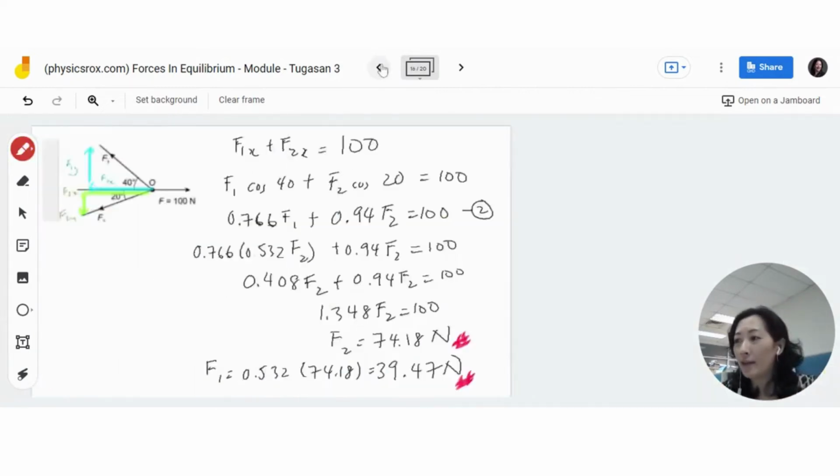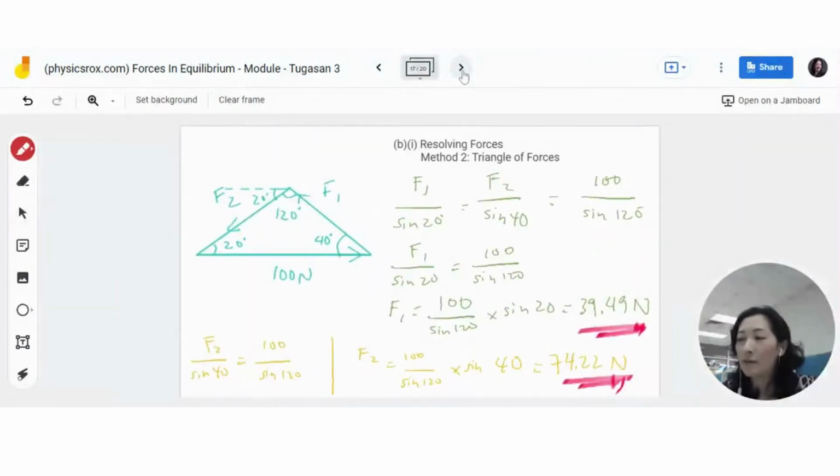So if you observe the methods here, remember the values won't be exactly the same because we rounded up the values of sine, but they're almost the same, which means that, yeah, you're correct.